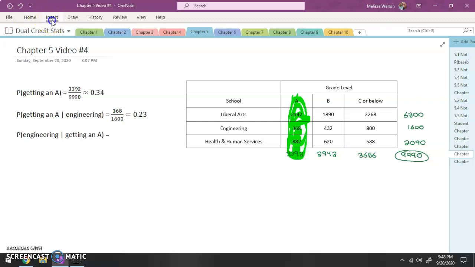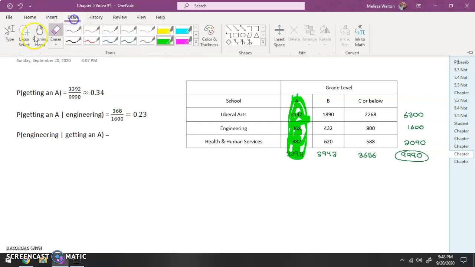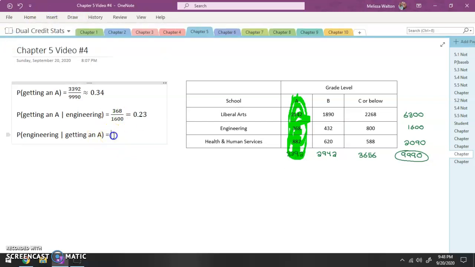For our denominator here, the total number that got an A in this university was 3,392. Out of those 3,392, there were 368 of them that were engineering students.